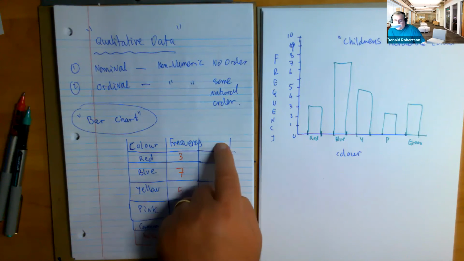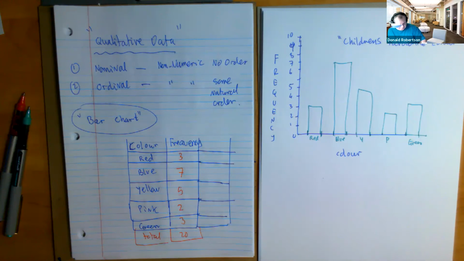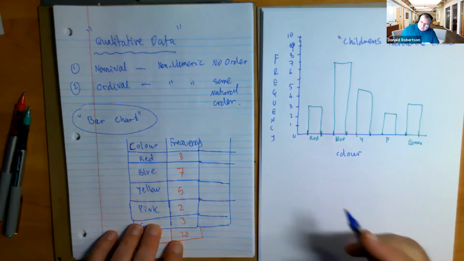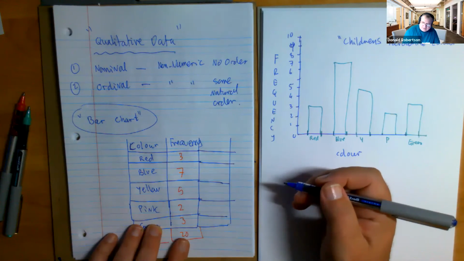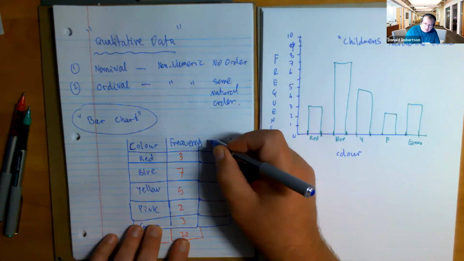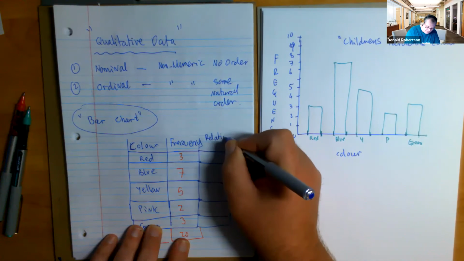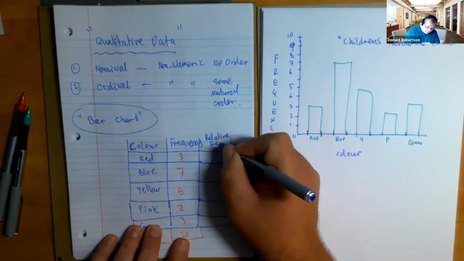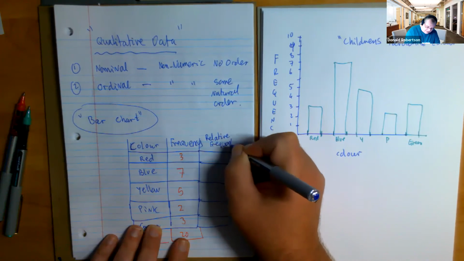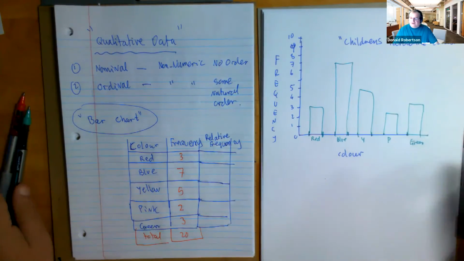What do you think the last column is going to be? You can also find the relative frequency.